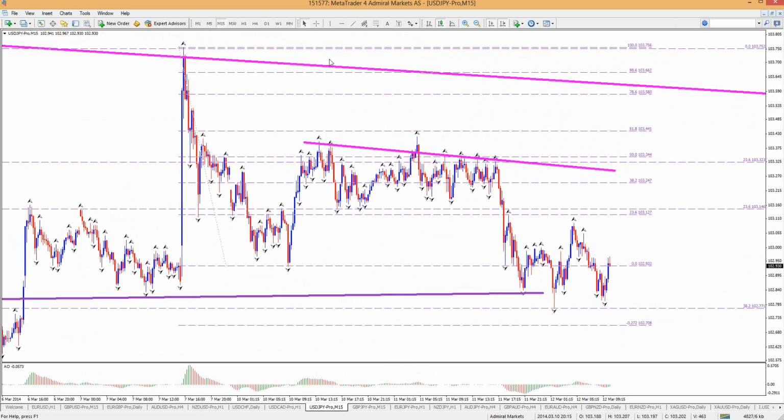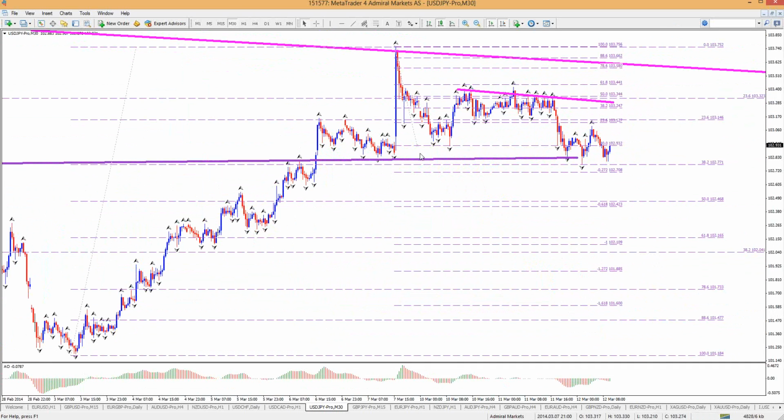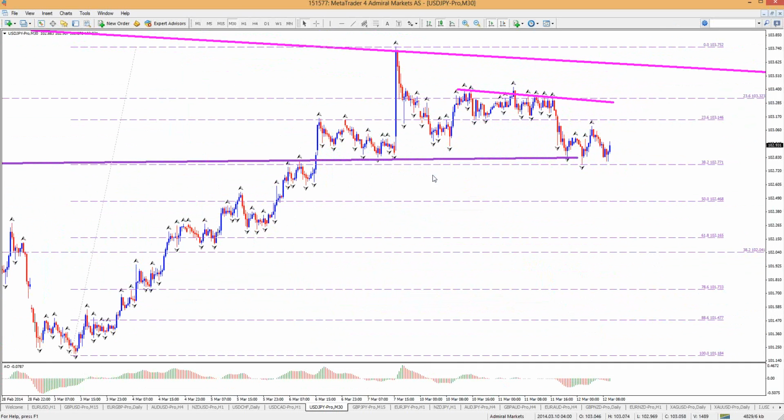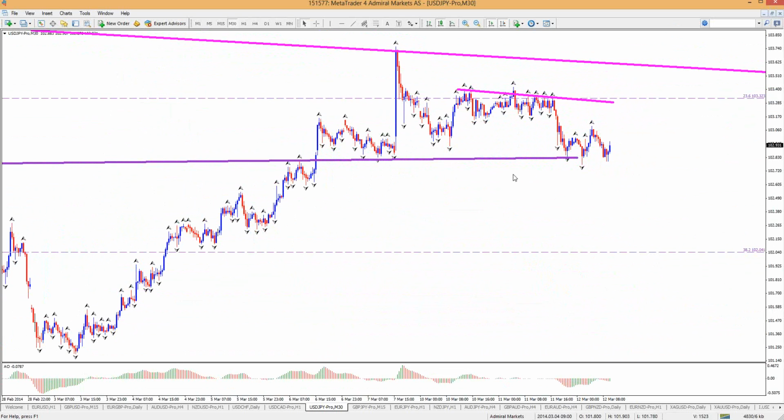All right, so I hope that makes sense. It's always about probabilities. We never know if a certain move is finished, if a certain correction is finished, if the trend is over, if a reversal is over. No one knows.